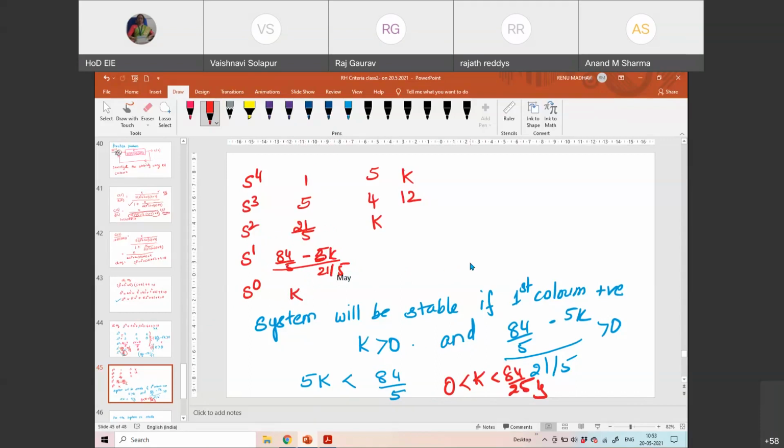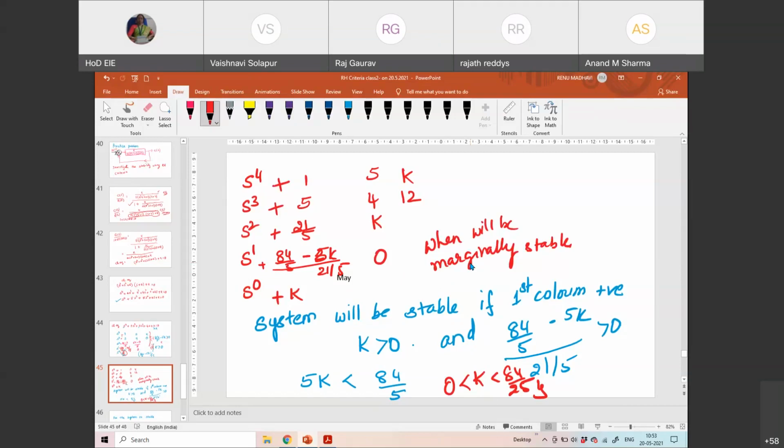The other condition I'll ask you: when will the system be marginally stable? Because this is positive, this is positive, this is positive, this is positive. Right now you made it positive, but this is 0.